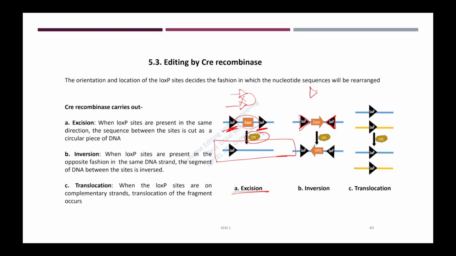Similarly, if there is an opposite orientation, the inversion of the gene of interest will take place here. And similarly, if the LOXP sites are in two different loci, then translocation will also take place. So this is the editing by Cre recombinase system. Okay.